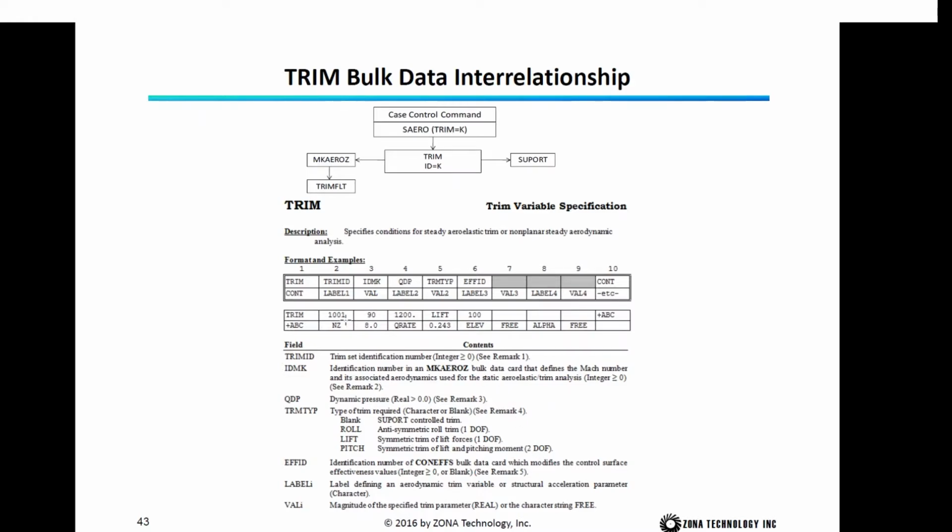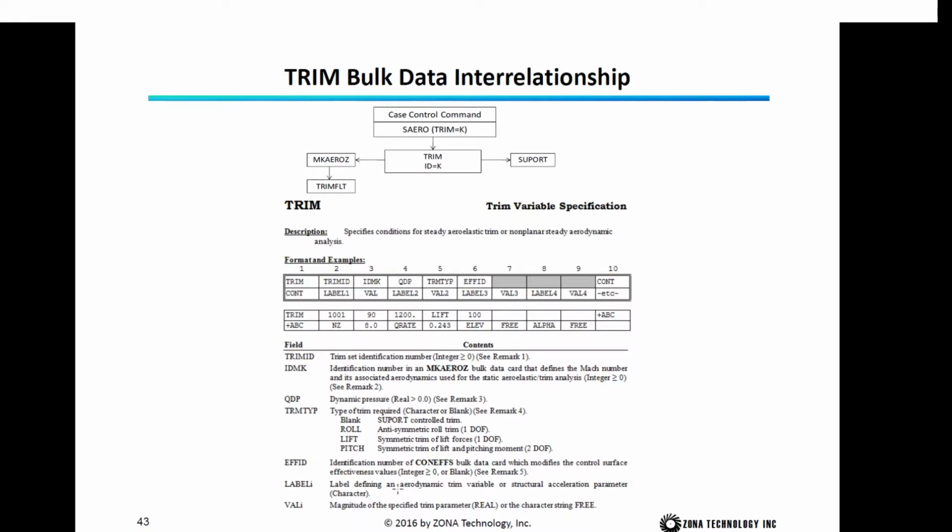After that, you have a label, and the label you specify refers to an angle of attack or a control surface label, and also you can specify the acceleration along x, y, z direction, like NZ.